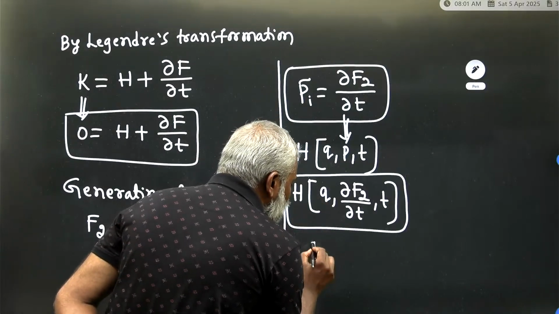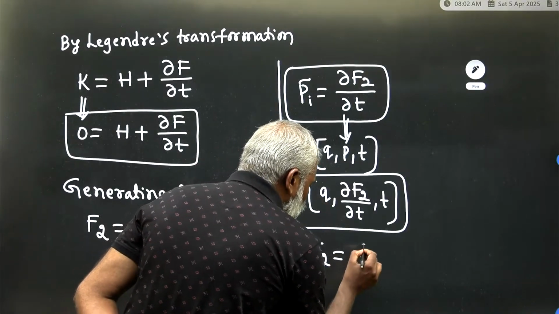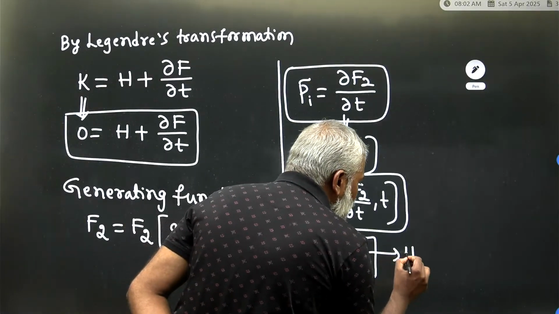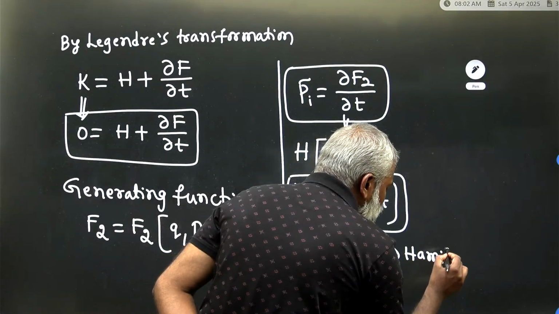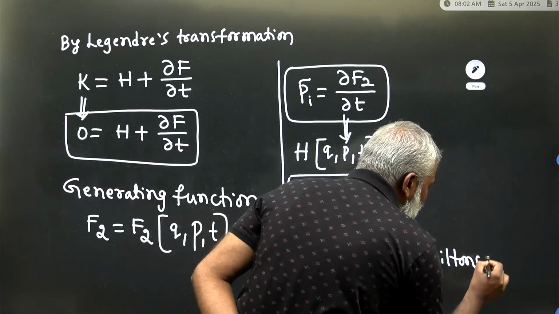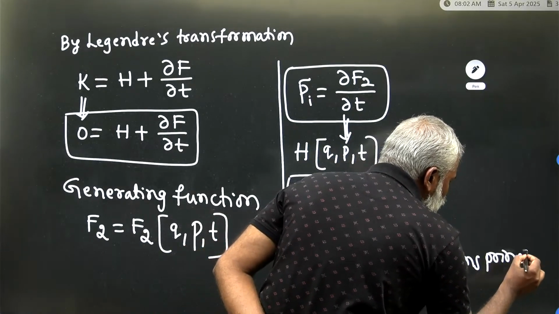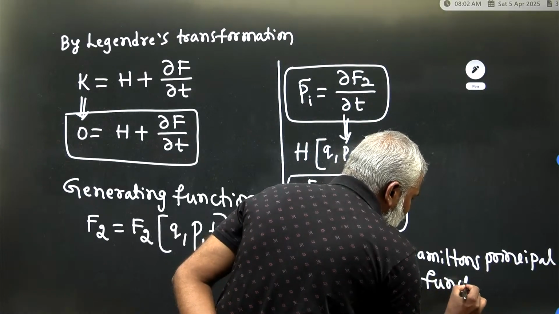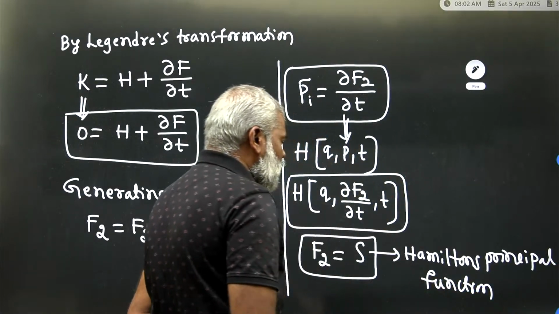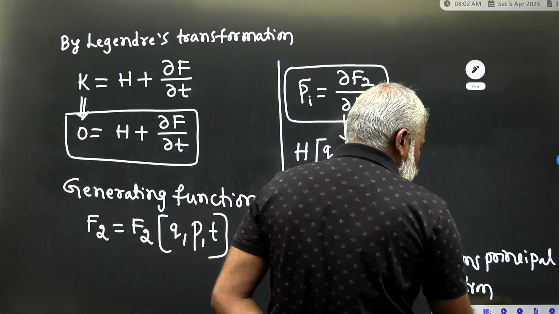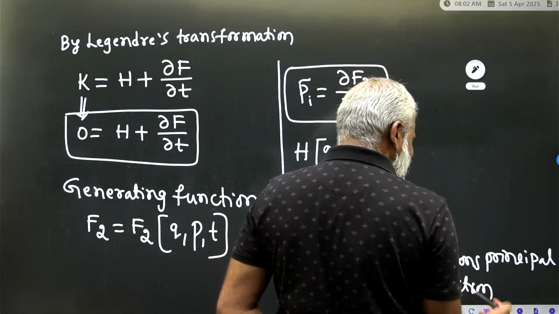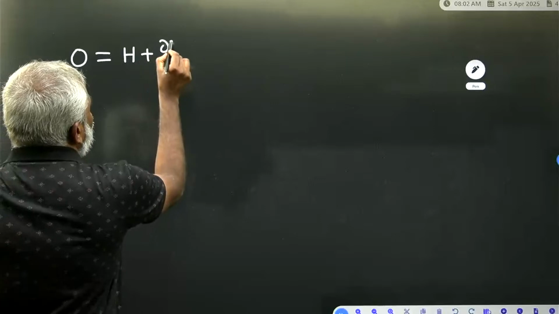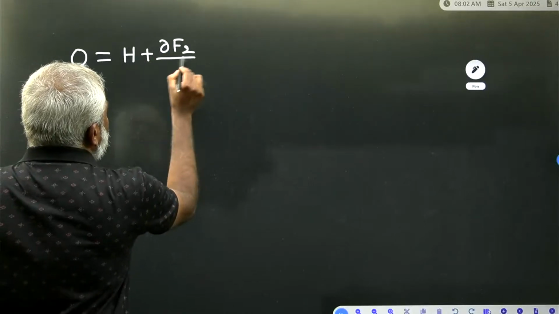This F2 generating function you are able to consider as Hamilton's principal function. That F2 you are going to take as Hamilton's principal function. Then what do we have to write? You apply the transformation: K is equal to H plus ∂F2 by ∂t.